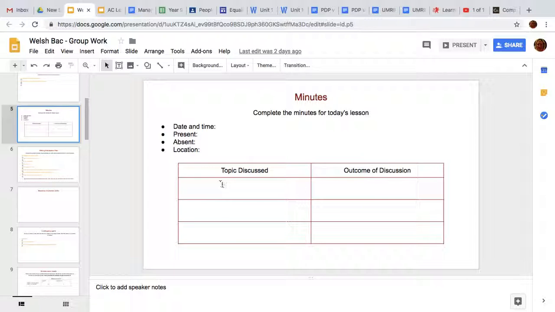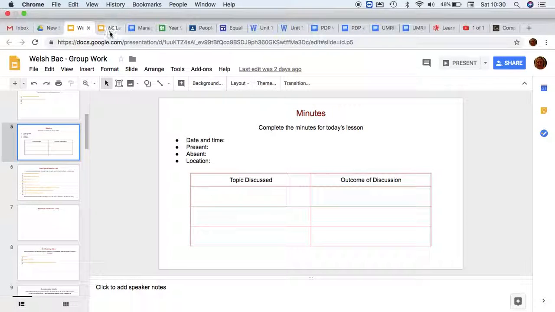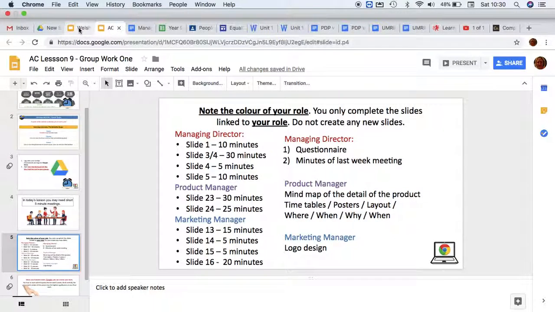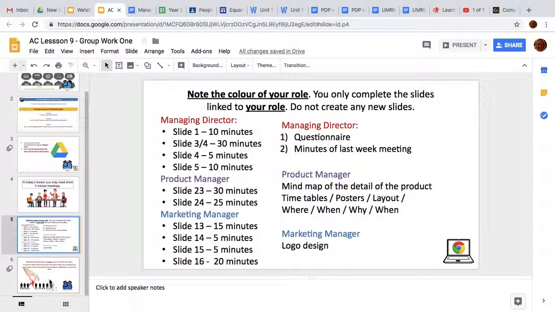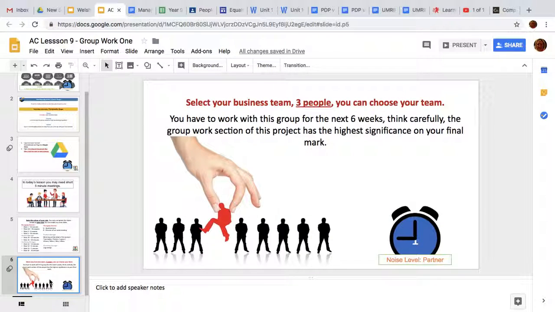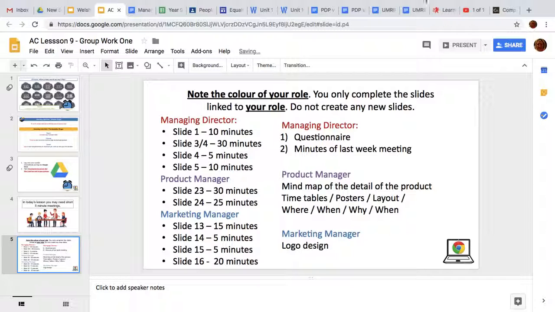So what was discussed about the managing director's decisions, what was discussed about the product manager's decisions, what was discussed about the marketing manager's decisions. They can just type up their minutes there. Nice and simple. It doesn't need to be anything major. And that's it, I think. Let me just check. Yeah. That one shouldn't be there. I'll delete that now. Fab. Yeah, that's it. Good luck.